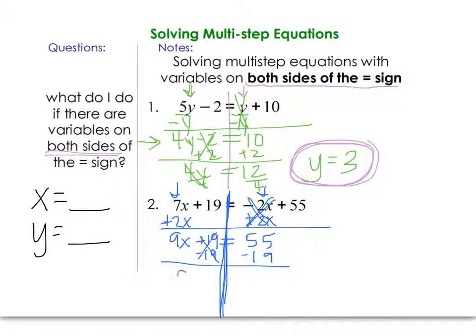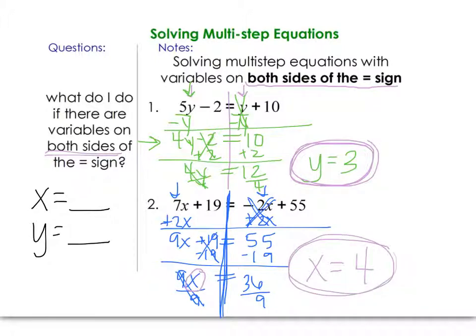Those cancel. 9x equals 55 minus 19, which gives you 36. Divide both sides by 9. So your x is all alone, and you get x equals 36 divided by 9, positive 4. And that is your final answer.